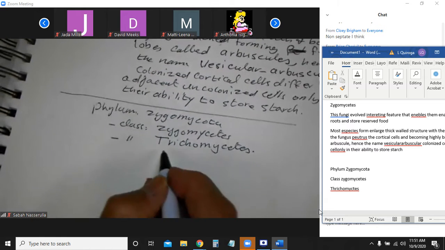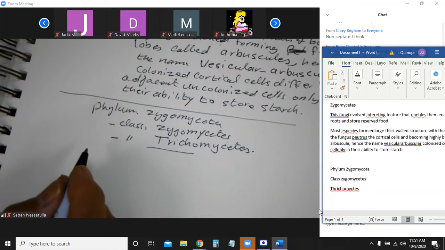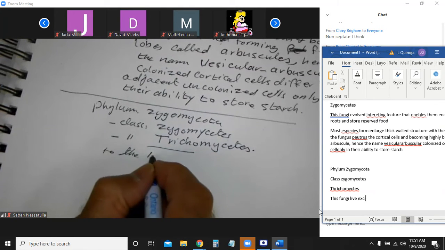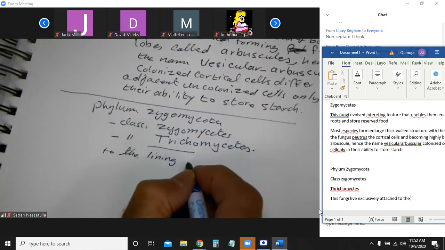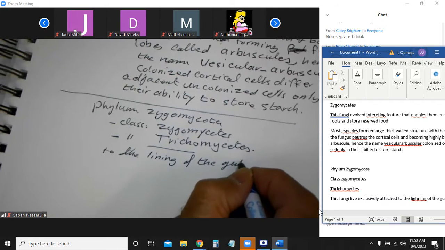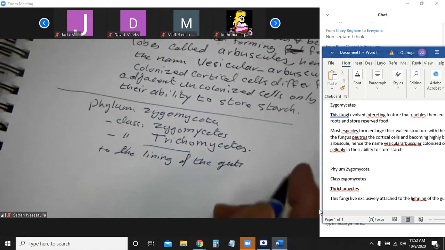Now, with regards to the class Trichomycetes, these fungi live exclusively attached to the lining of the guts of living arthropods.